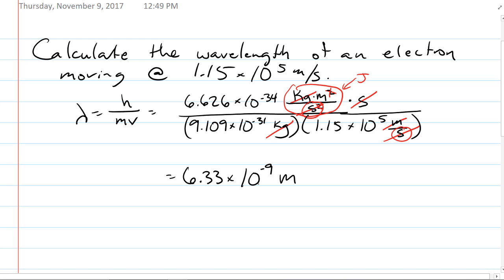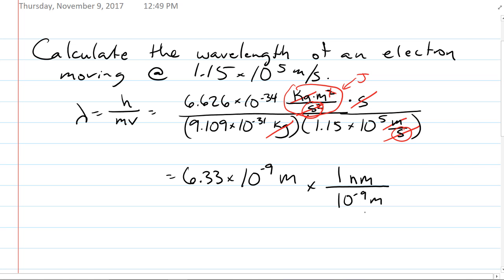Now again, when it comes to wavelengths, usually the number we write out front in front of the unit with wavelengths is going to be a number between 1 and 1,000. Well, this isn't a number between 1 and 1,000, so we need to convert it to the units that would give us a number between 1 and 1,000. So that best choice would probably be units of nanometers. Every 1 nanometer is equal to 10 to the negative ninth meters.